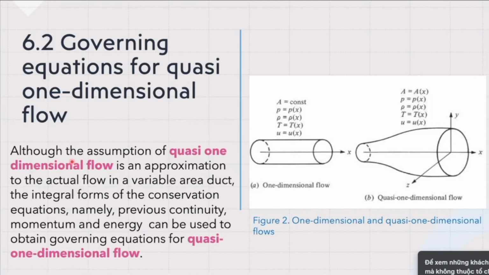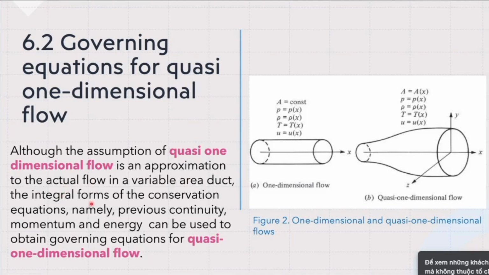So although the assumption of quasi one-dimensional flow is an approximation, because just now we said there are components in y as well as z, but they are small compared to the x direction, it is a good model for the actual flow in the variable area duct.